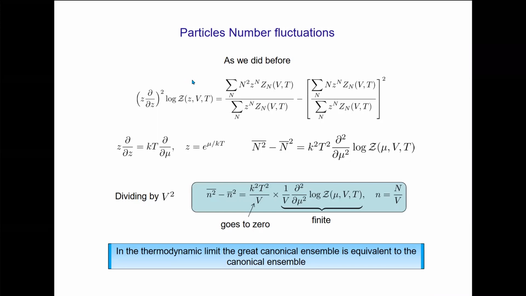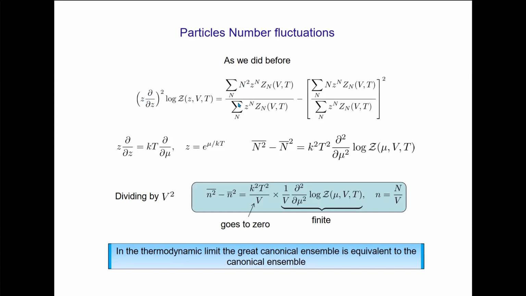This is done exactly as in the canonical ensemble, where we calculate the fluctuations of the energy of the system. So we need to differentiate the logarithm of the grand canonical partition function twice with respect to the chemical potential. This is the same as applying this derivative z d over dz twice to this expression.